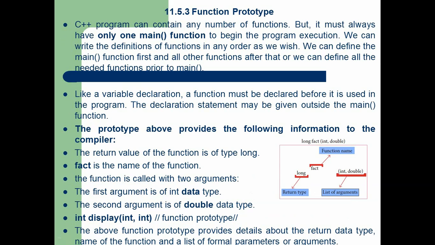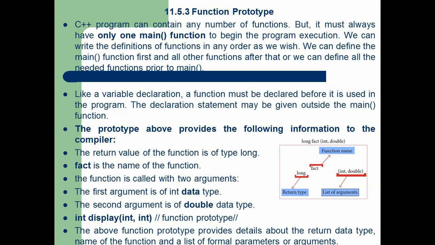Next, function prototype. A C++ program can contain any number of functions, but it must always have only one main function to begin the program execution. So we can write the definitions of functions in any order as we wish.